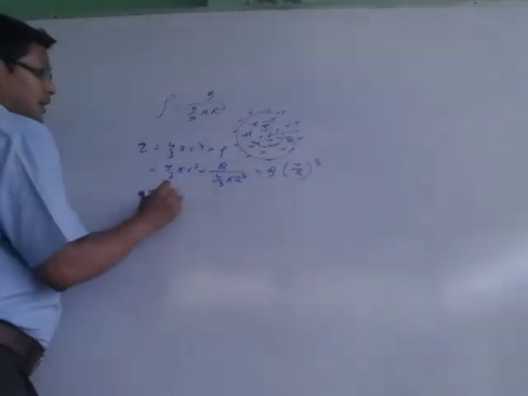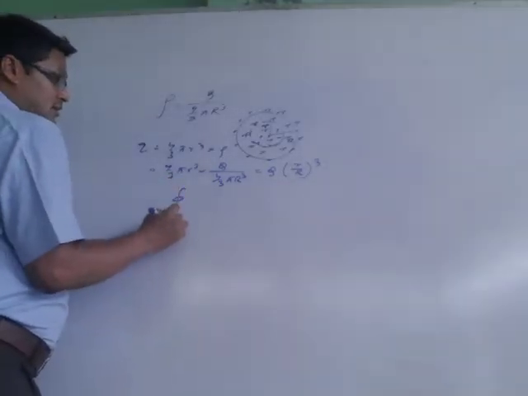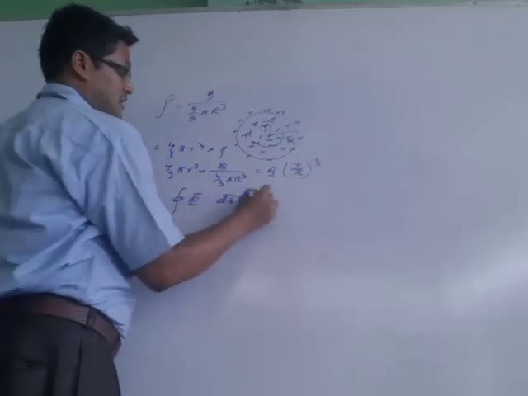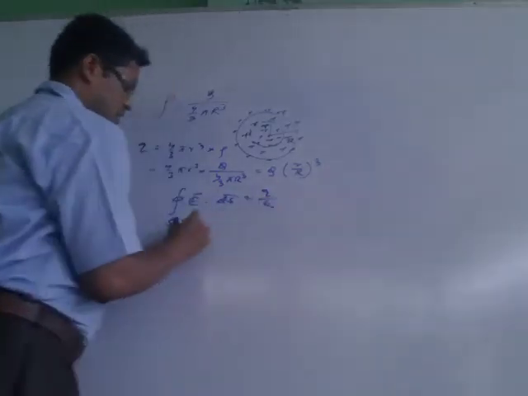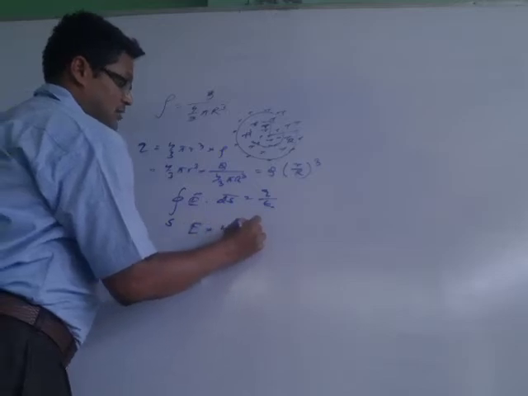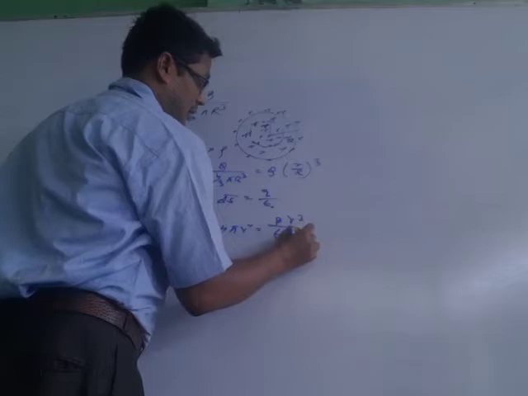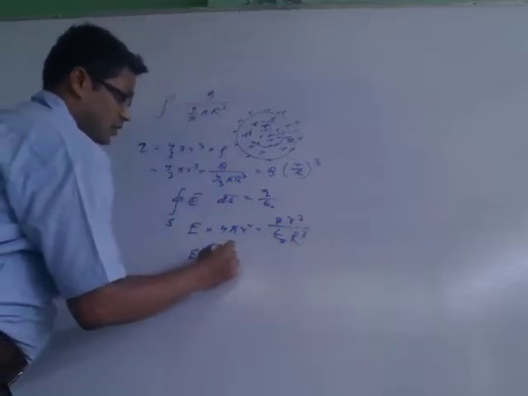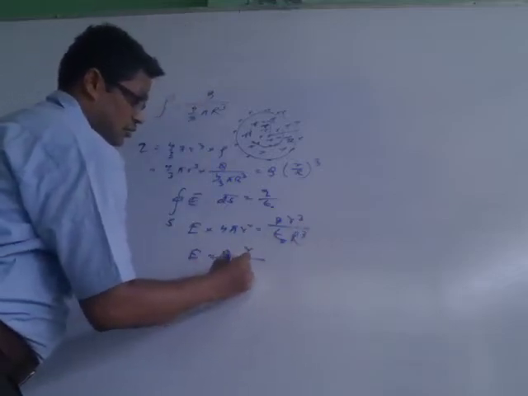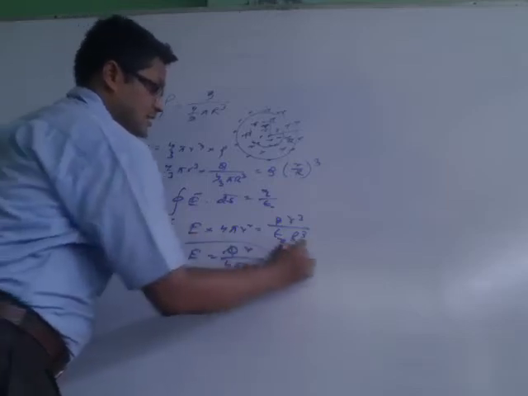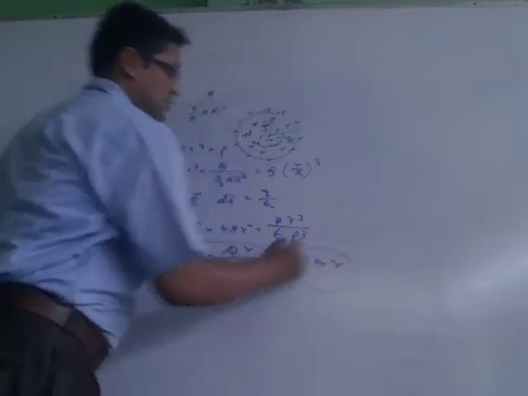Now we can use the Gaussian surface: closed integral E dot ds equal to q by epsilon 0. That is E into 4 pi r square equal to q r cube by epsilon naught capital R cube. Then E equal to q small r by 4 pi epsilon naught capital R cube, that is E proportional to r.